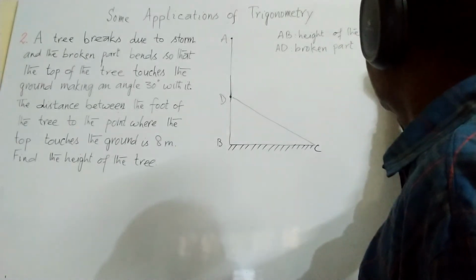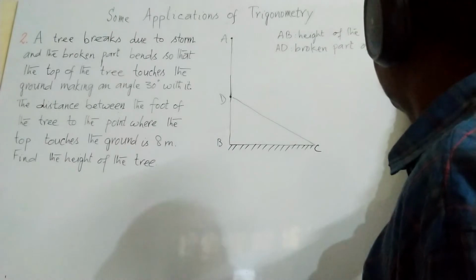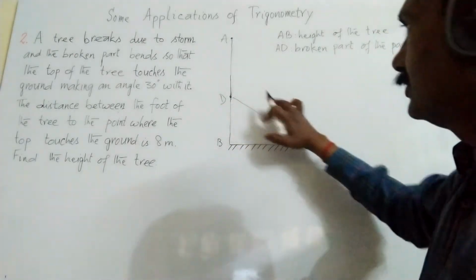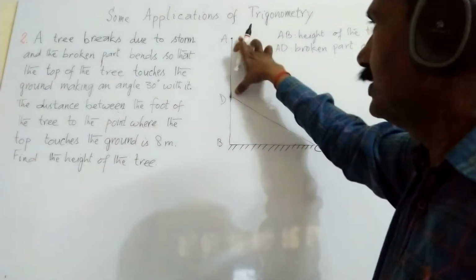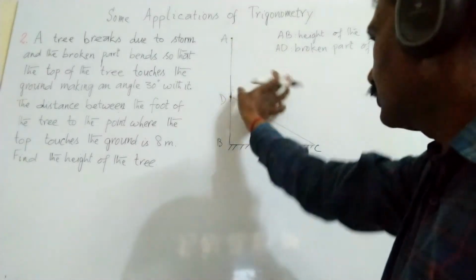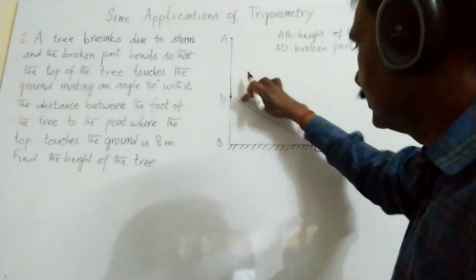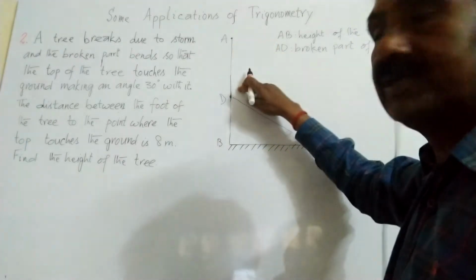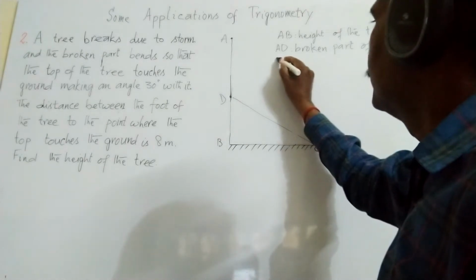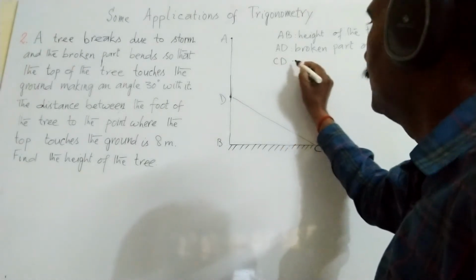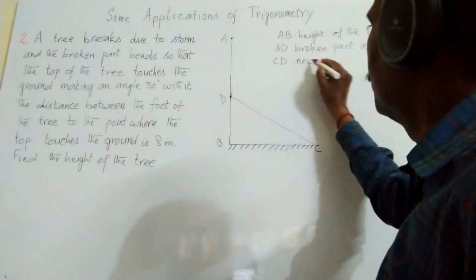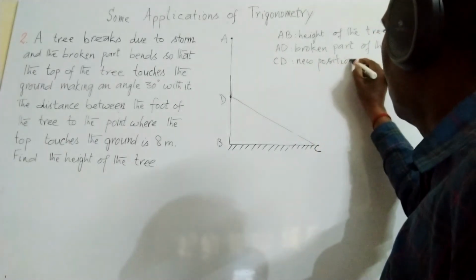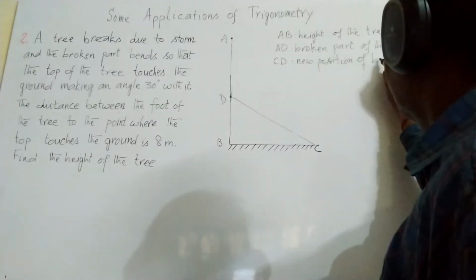This broken part bends like this, and CD is the new position of AD. So CD is the new position of the broken part of the tree.